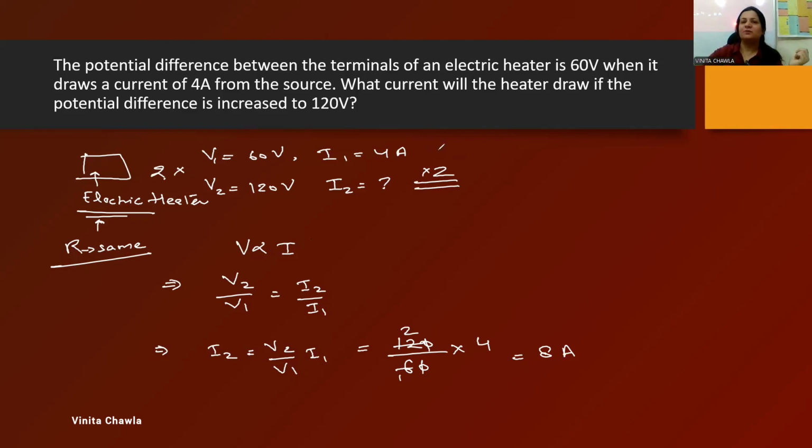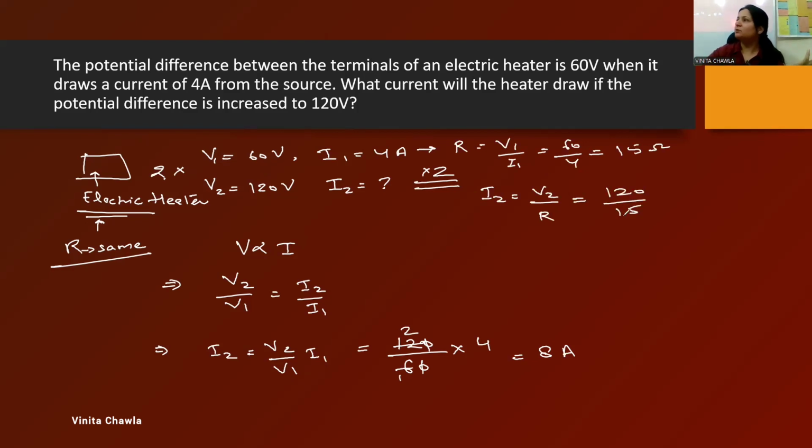Second, you can find resistance from here. It's V1 by I1. You can find resistance first. It is 60 by 4. What will you get? 15 ohm. And then you put the value of resistance here. You'll get I2 as V2 by R. So V2 is 120 upon 15.